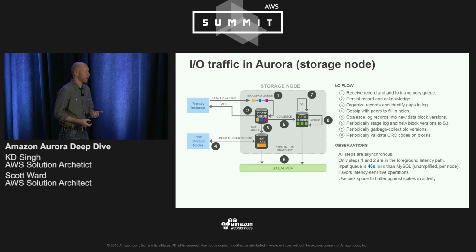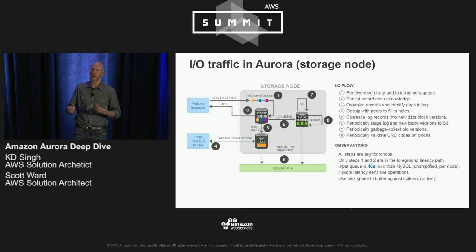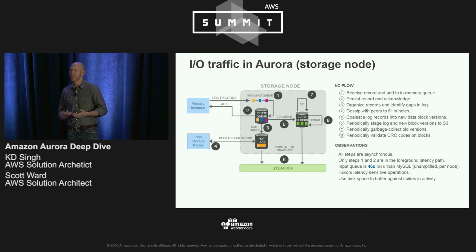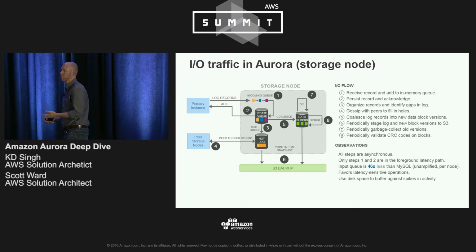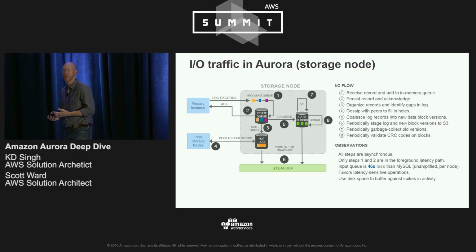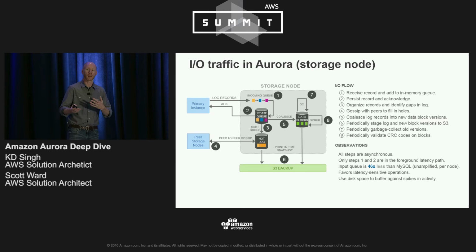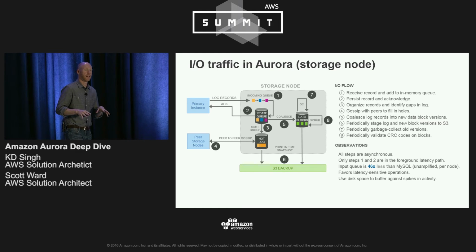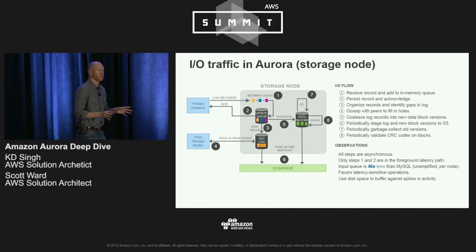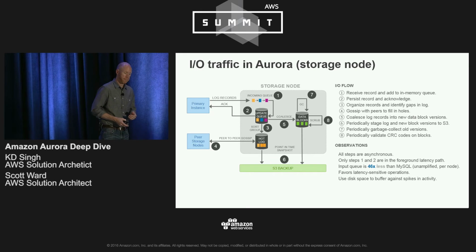And one of the cool things is that for all those 6 storage nodes, there's a peer-to-peer gossip network in place that allows all of those storage nodes to talk to each other and help resolve conflicts where one of the nodes is maybe missing some data. They'll say, I'm missing this, do you have this? And they'll sort all that out and exchange that data so that each of the storage nodes at the end of the day has the same amount of data as all the other storage nodes, and they resolve any missing data or conflicts that one storage node may have.